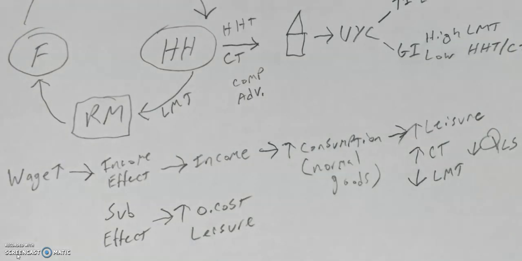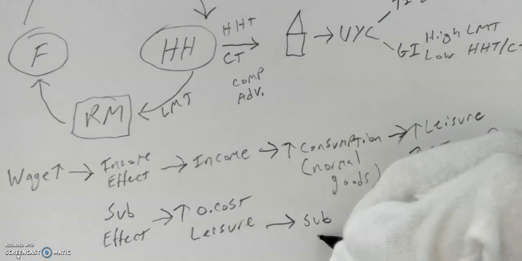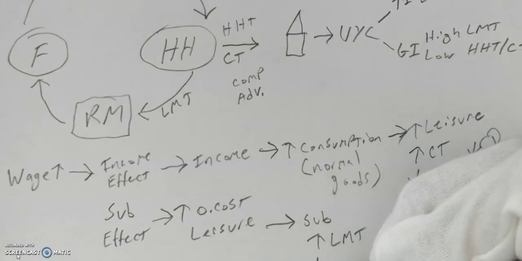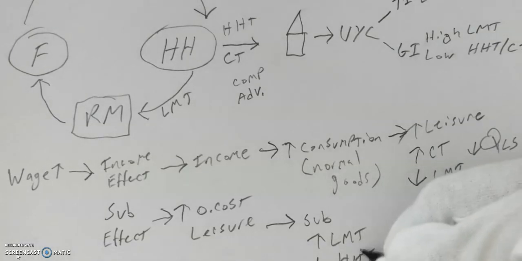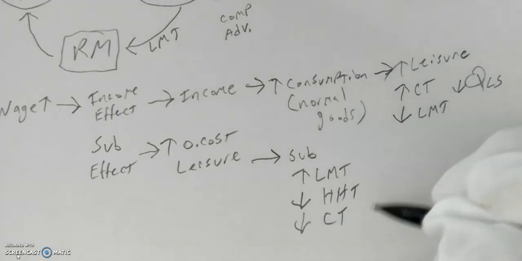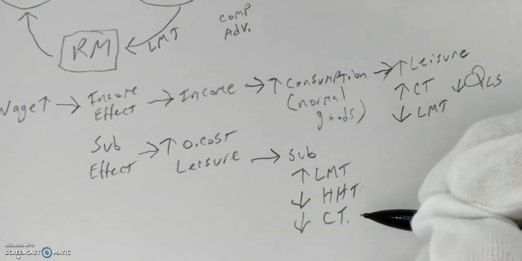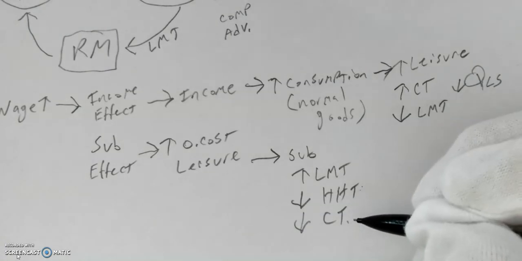And that increase in the opportunity cost of leisure leads to a substitution towards more labor market time and less leisure, but specifically less household time and less consumption time. Again, I keep reminding us that household time and consumption time in the Becker model is leisure time in the prior model. So he's just nuancing it out a bit more.